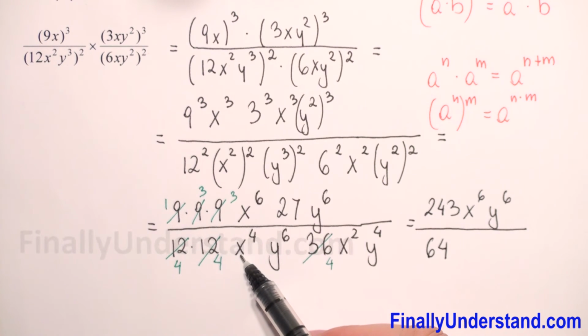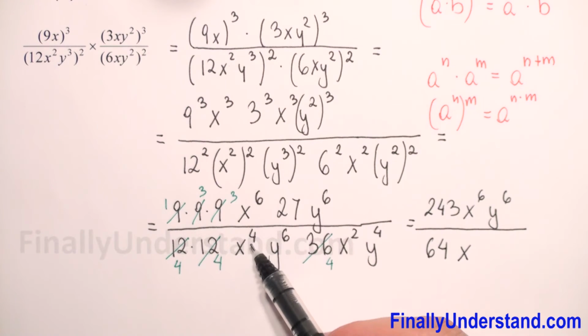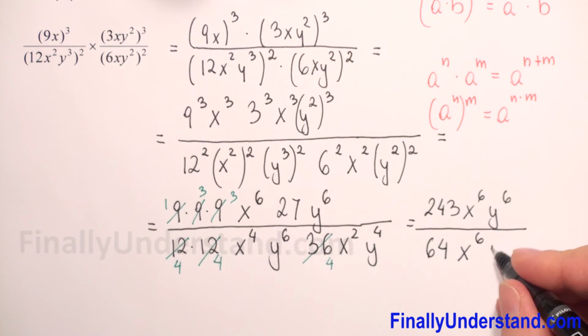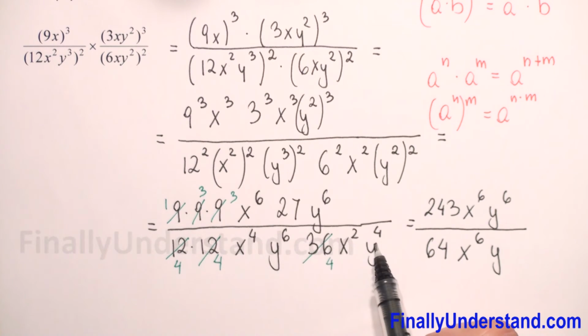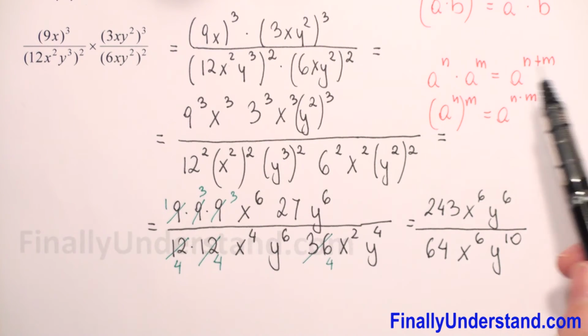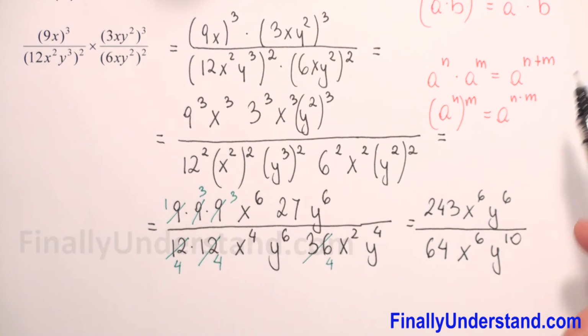And now we have x to 4th power, x to 2nd power, so we copy the base and we have to add exponents. 4 plus 2 is 6. The same will be with y. We copy the base and we add exponents. 6 plus 4 is 10. I just use this property. We copy the base and add exponents.